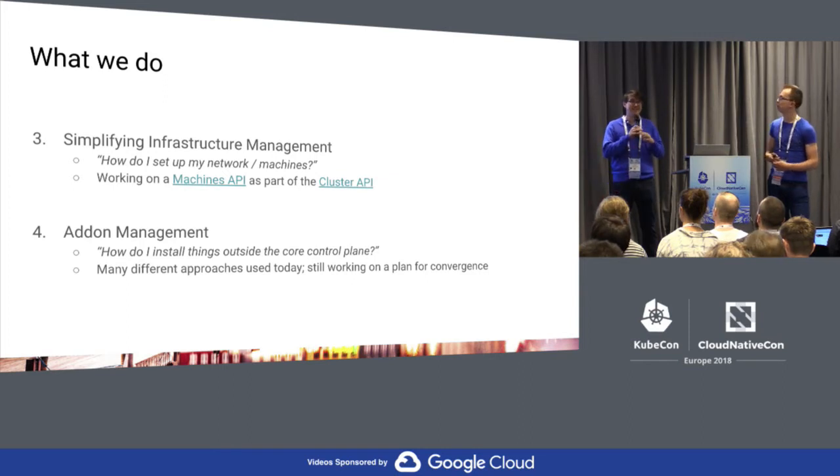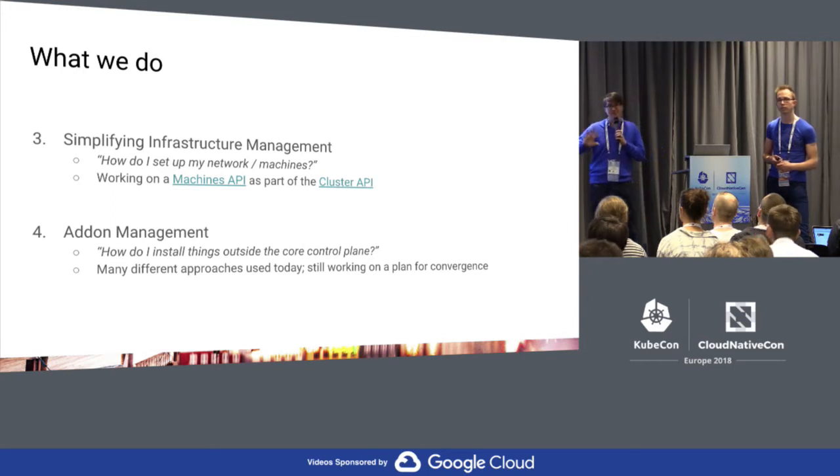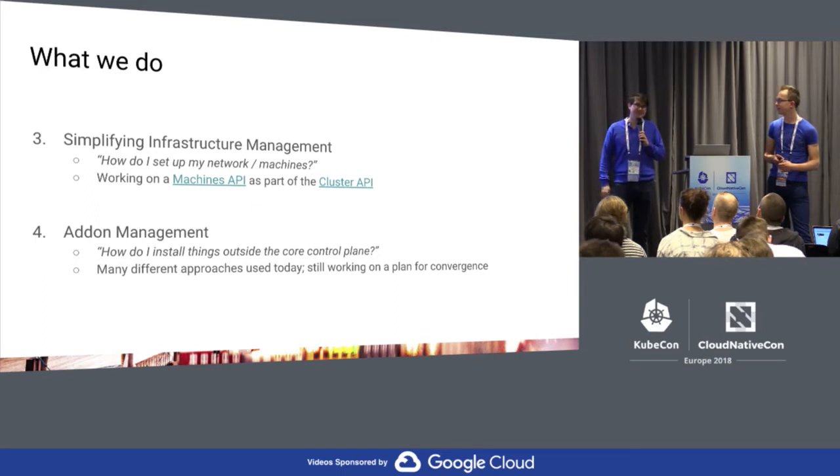And then the next area is add-on management. So you have a basic cluster up and running, but typically you definitely need some core system add-ons. You'll almost definitely need a CNI network provider, for example. You'll need a DNS. It's very debatable what is the control plane and what is you're moving out into user space, but there's definitely some core of system add-ons which we probably need to install as part of our group and think about the configuration of and the life cycle of.